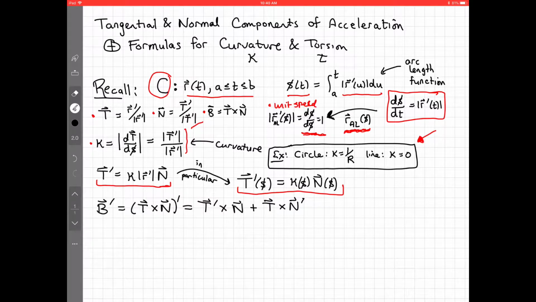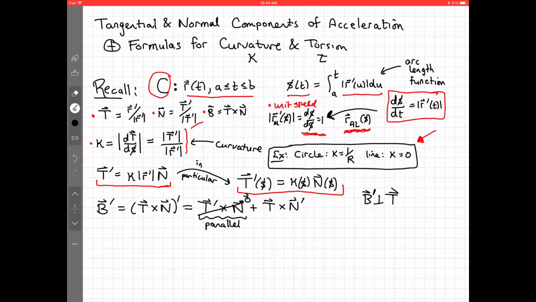That's our product rule. But keep in mind that T prime and N are parallel, right? Because N is just T prime rescaled. So a cross product of two parallel things is 0. That goes away. So what we just discovered then is B prime is T cross N prime. So in particular, we just learned that B prime is perpendicular to T.